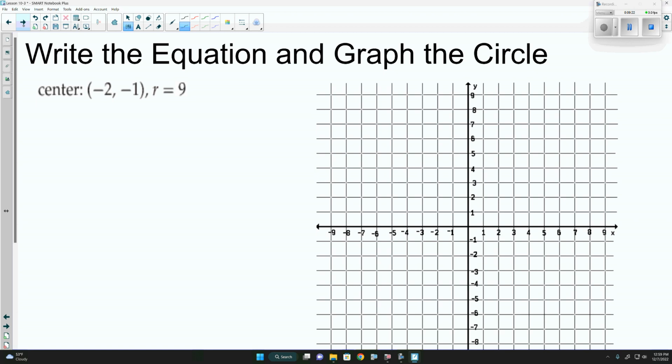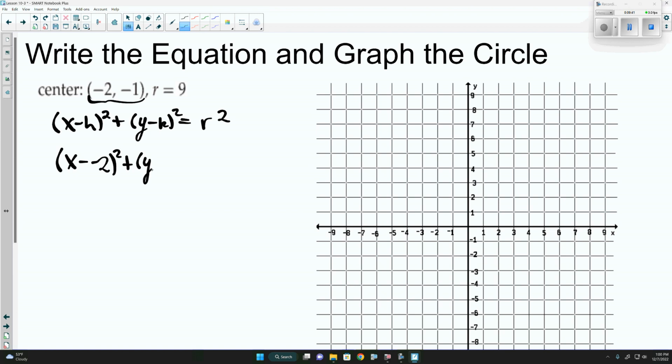So let's find the equation first. So again, we're starting off with (x − h)² + (y − k)² = r². Well, they gave us the center, h and k, so (x − (−2))² + (y − (−1))² is equal to the radius squared.